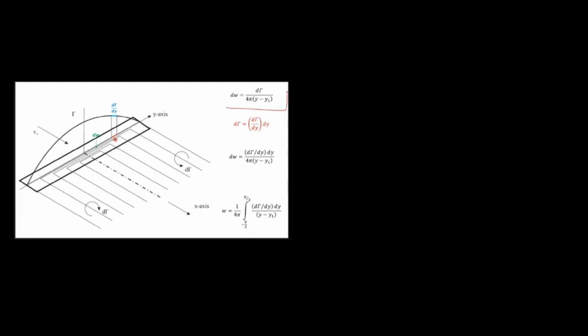So this one we got it. Now we have to find this d gamma. You see this, it is not constant. It is a curved profile. So whatever d gamma you are getting, it will be a grading. If it is constant, straight away you can take d gamma, but it is a curved profile. So what we are getting is the circulation grading, d gamma by dy, on this small distance.